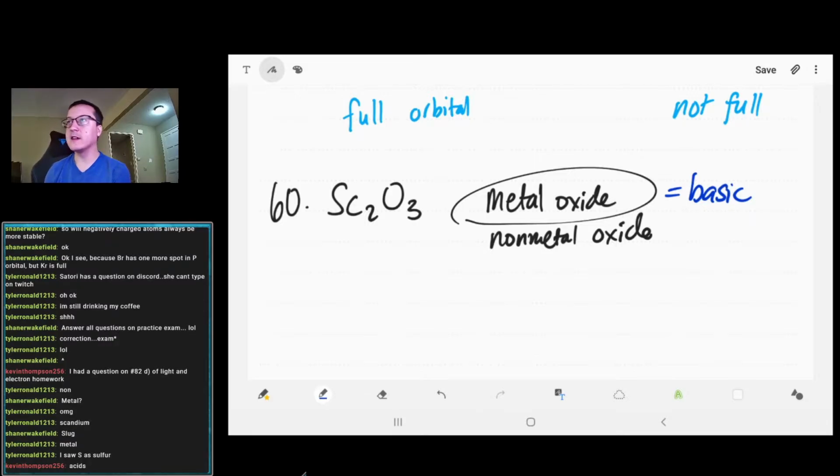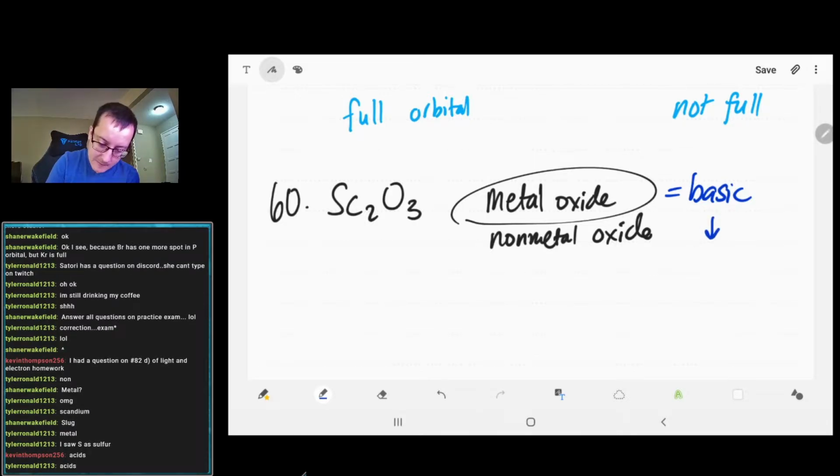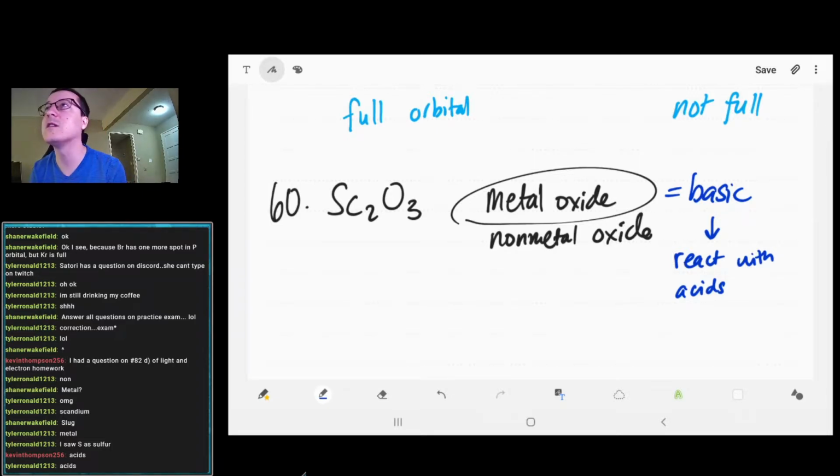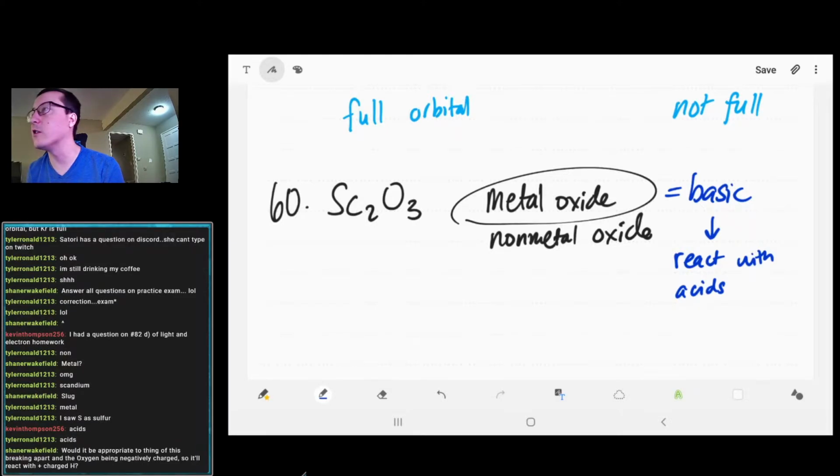Yeah, right. It's going to react with acids. This question specifically just says in a solution of H plus, so it doesn't really matter what acid.